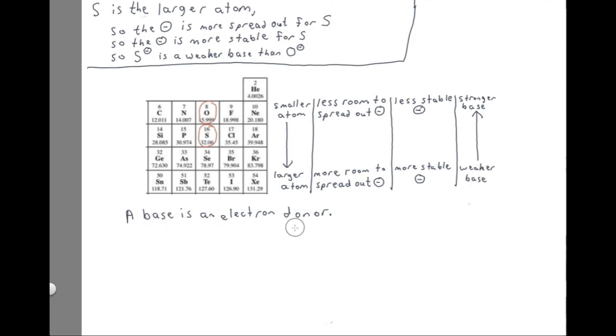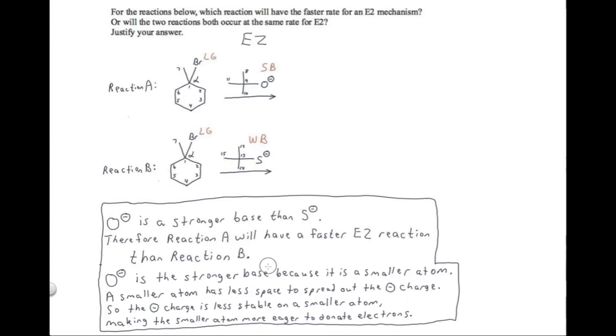Remember, a base is an electron donor. So here's our fully justified answer. This is likely to be more detailed than the professor would really require for full credit on this problem, but I gave some extra detail to fully justify how we know O minus is the stronger base than S minus.